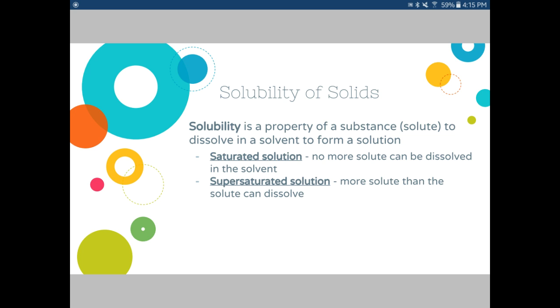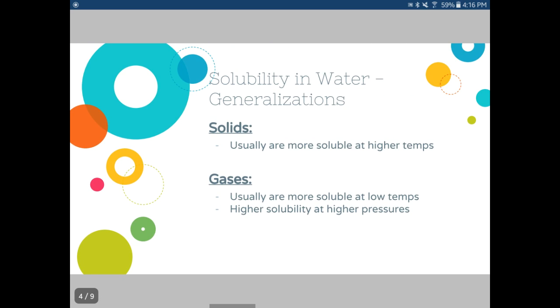So we're going to talk a little bit about what solubility means and some properties of solubility. We have some generalizations to talk about when we talk about solubility of entities in water. When we talk about solids, they generally have higher solubility at higher temperatures.